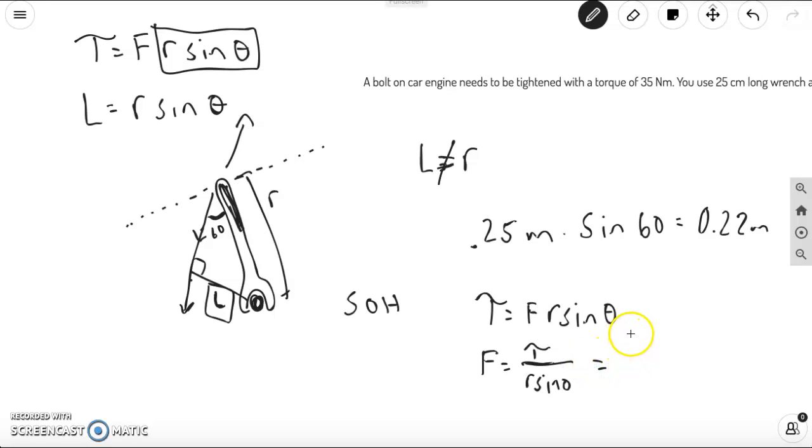The torque was provided as 35 Newton meters. The r sine theta is 0.22 meters.